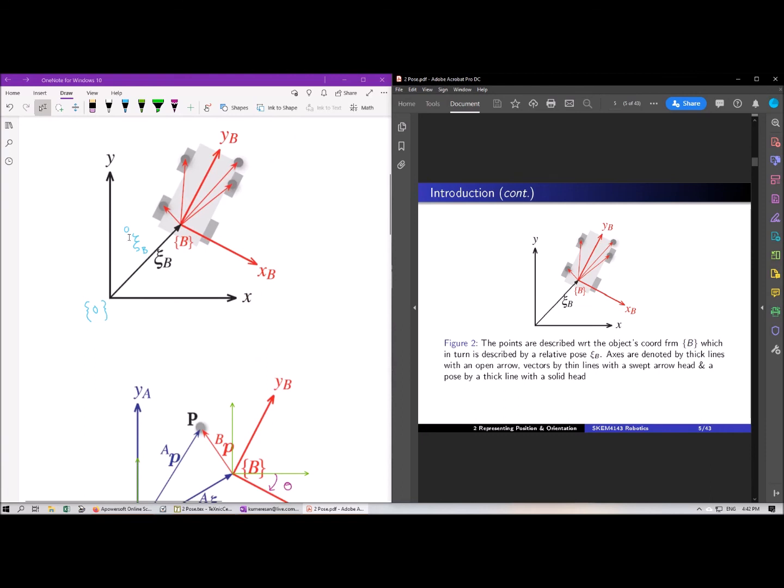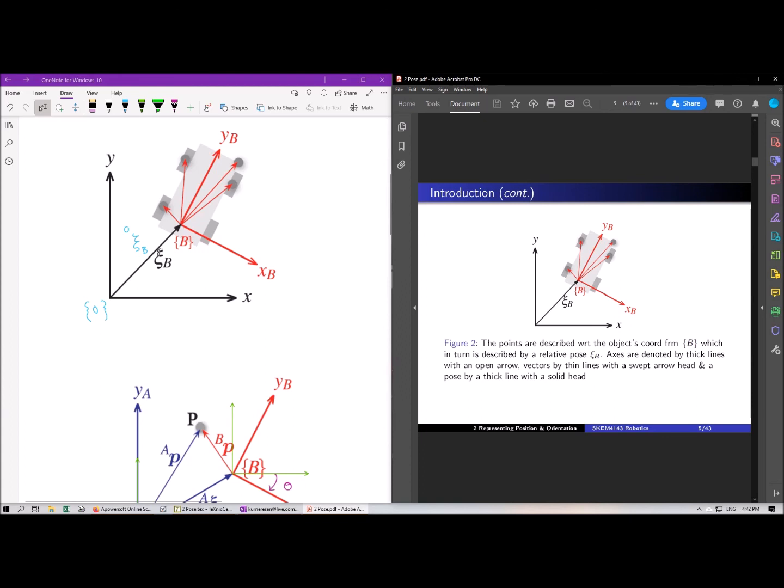Normally we will write xi BO or BA, depending on which coordinate frame we are referring to. In this case, xi is the pose. Note that pose is position and orientation. So xi is the pose of B with respect to this coordinate frame.